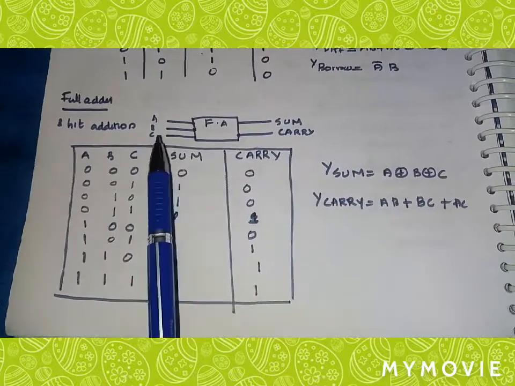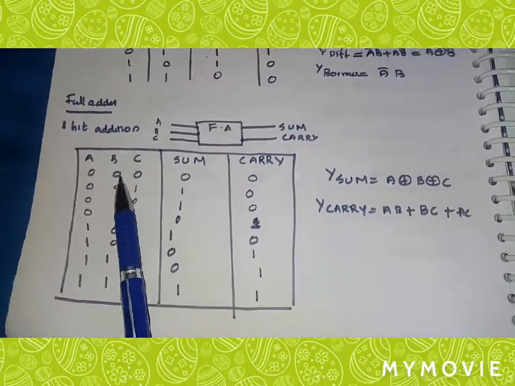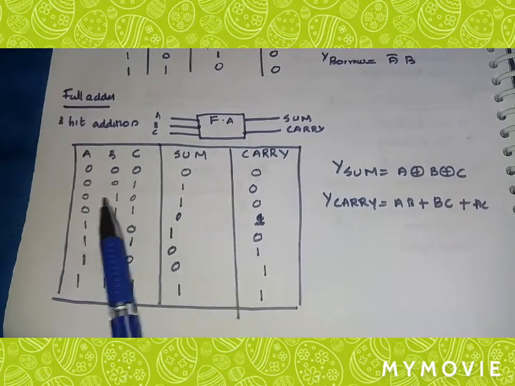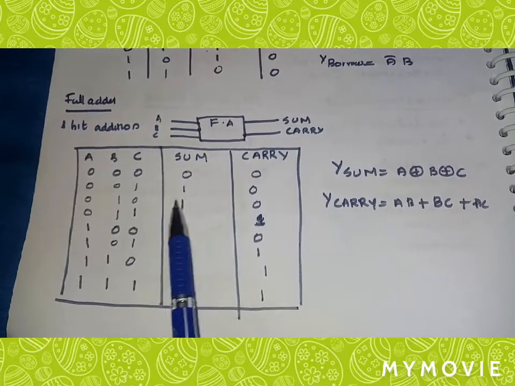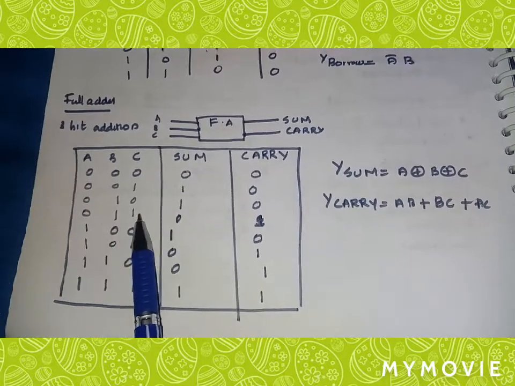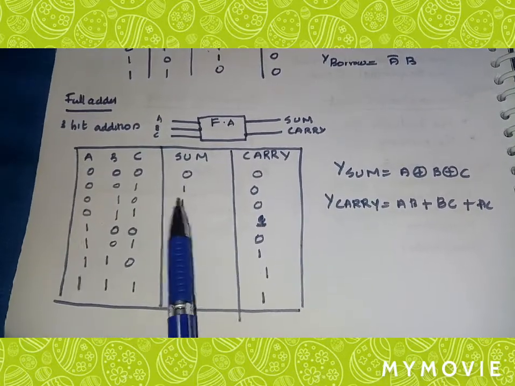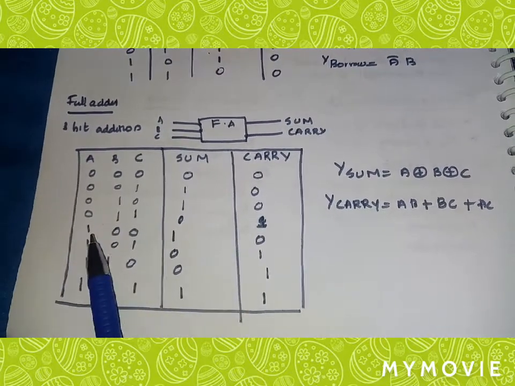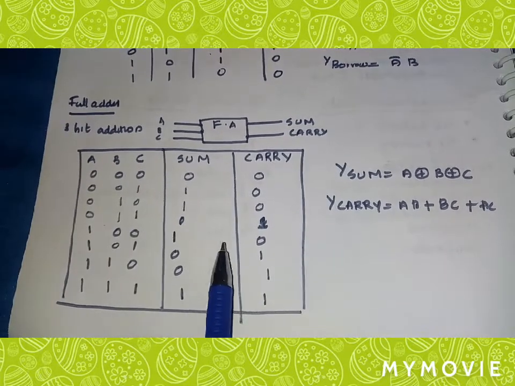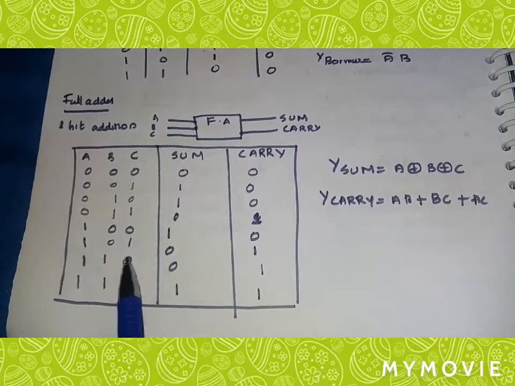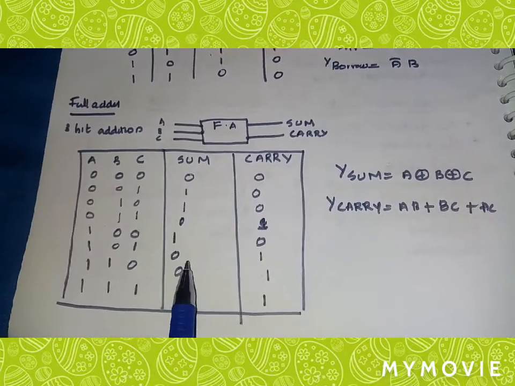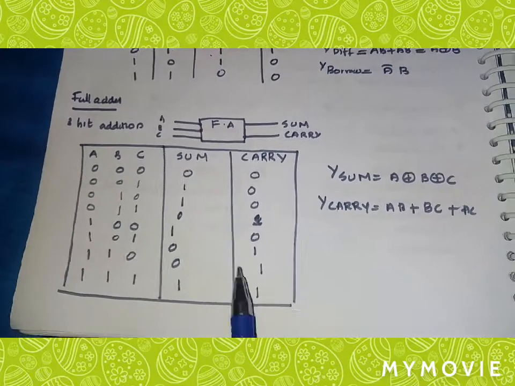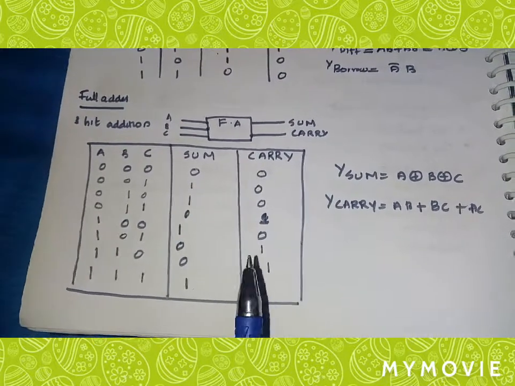In a full adder, a 3-bit addition, A, B, C are the inputs, and sum and carry are the outputs. 0 plus 0 plus 0 gives sum 0, carry 0. 0 plus 0 plus 1 is 1, carry 0. 0 plus 1 plus 0 is 1, carry 0. 0 plus 1 plus 1 is 2, which is 1 0, so carry is 1 and sum is 0. 1 plus 0 plus 0 is 1, carry 0. 1 plus 0 plus 1 is 2, so sum is 0, carry is 1. 1 plus 1 plus 0 is 2, so sum is 0 and carry is 1. 1 plus 1 plus 1 is 3, whose binary representation is 1 1, so sum is 1 and carry is 1.